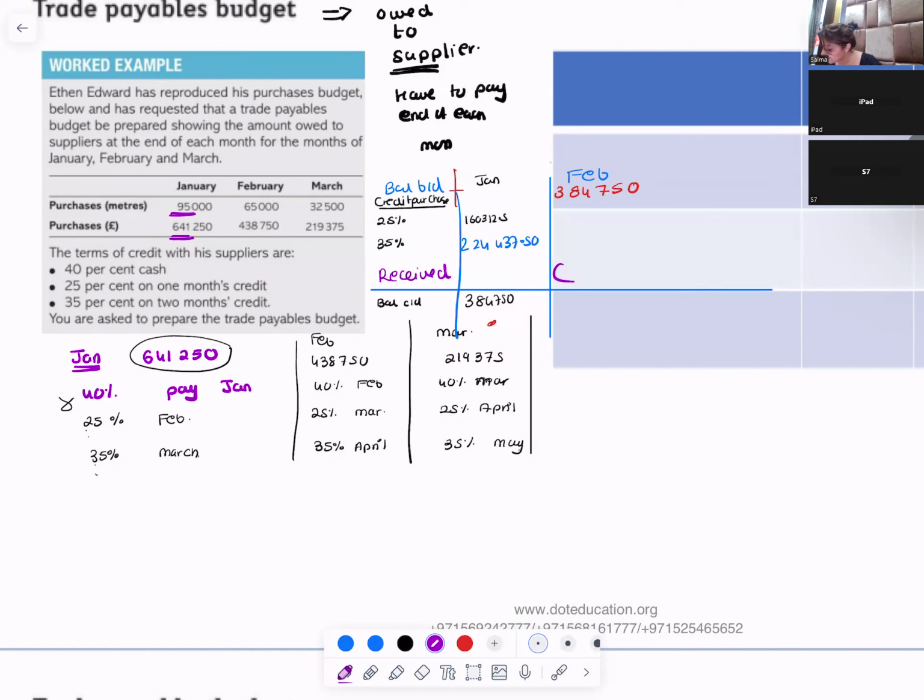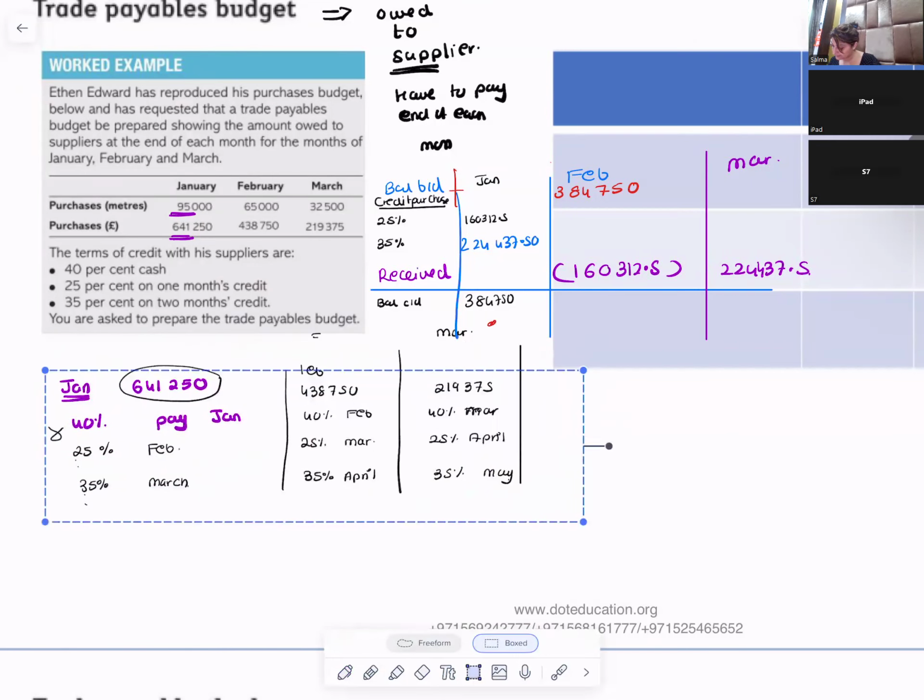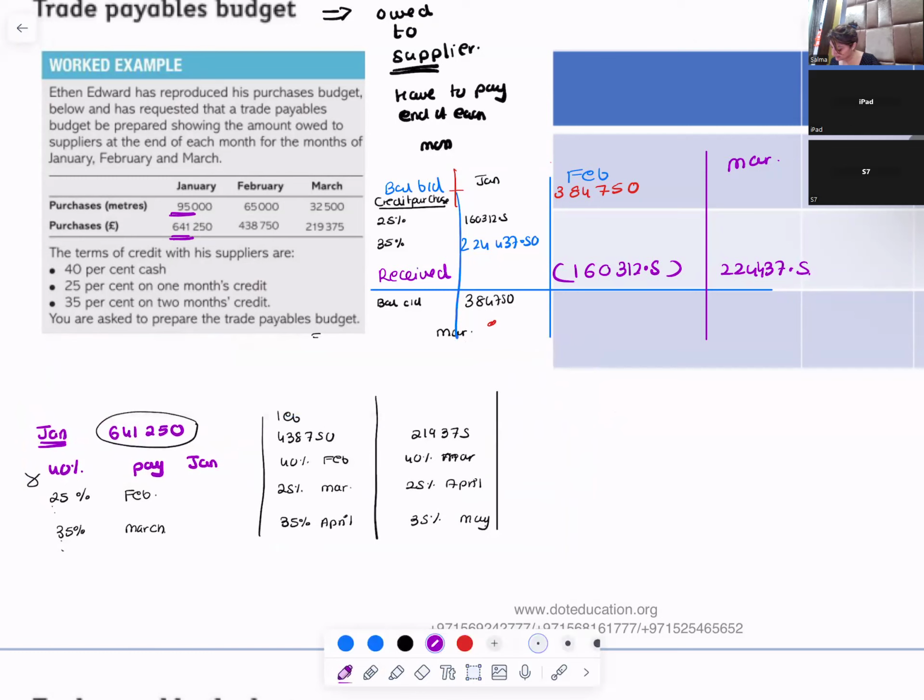And what you're going to receive over here is how much? 160,312.5, and the same thing for the January sales, 224,437.5?